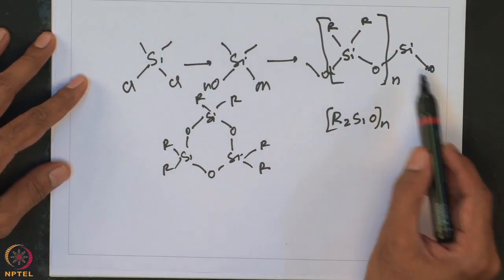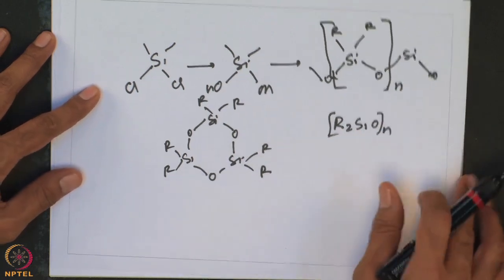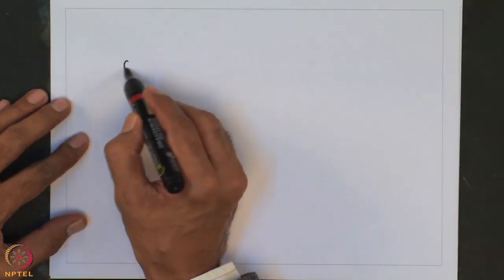Sometimes what we can do is terminate this one by taking an appropriate combination of R2SiCl2 and R3SiCl. For example, let us consider this one here.